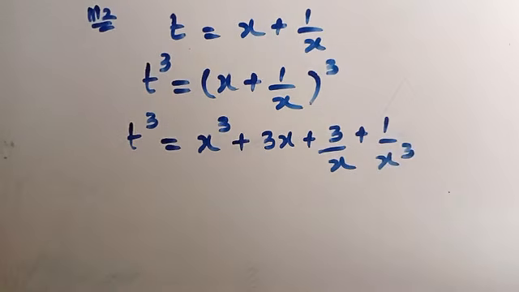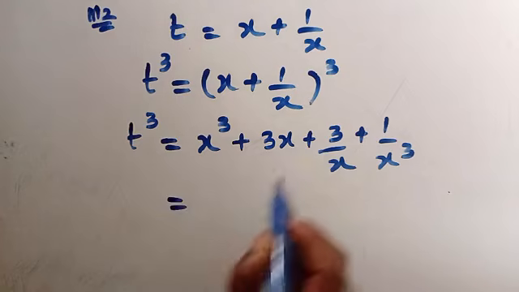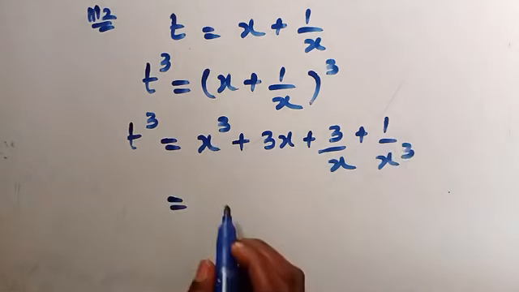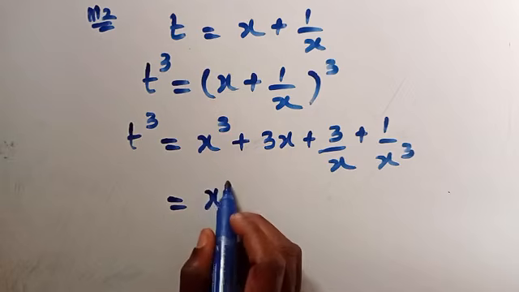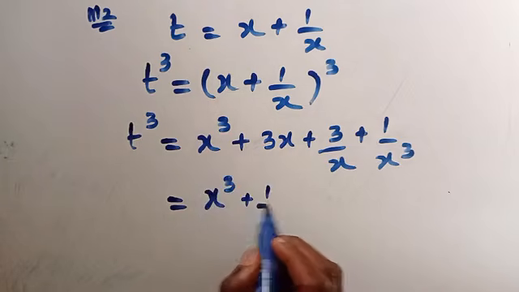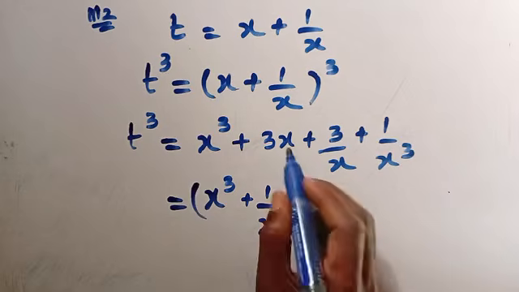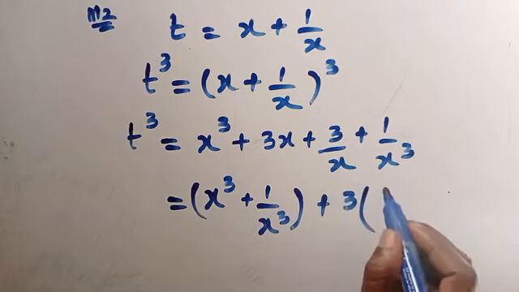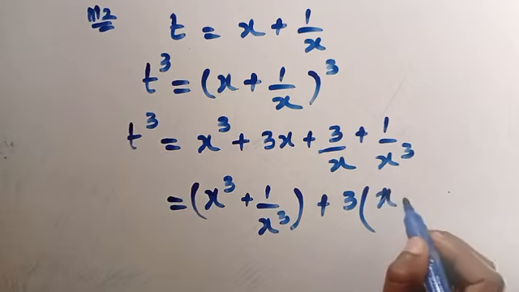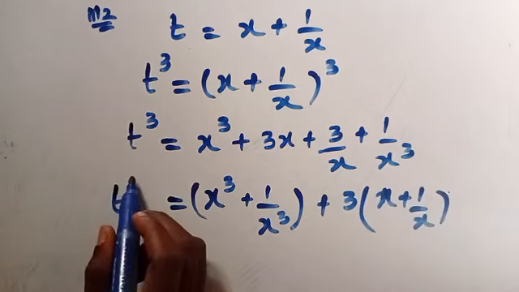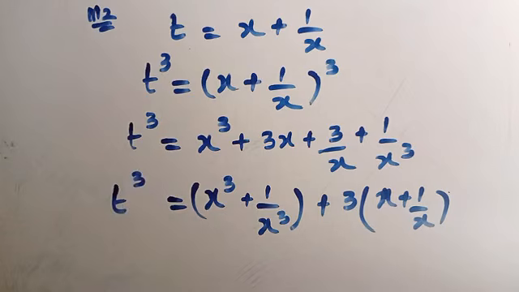Then let's say we factor out 3 here, and we combine x cubed and 1 over x cubed together. Here gives us x cubed plus 1 over x cubed in bracket, then plus, factoring out 3, we are going to have 1 times x plus 1 over x. Everything here equals t raised to power of 3.